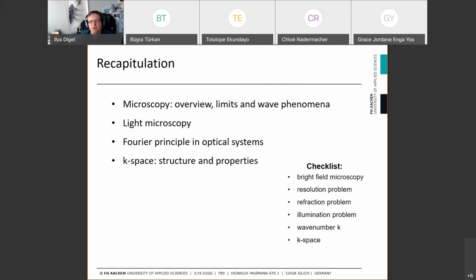And last week we've learned that optical system usually cuts the waves that carry high frequency spatial information, which means that any attempt to decrease the opening of optical system will lead to compromise or to worsening of resolution power. And in order to illustrate that, I use the concepts of wave numbers and K-space.